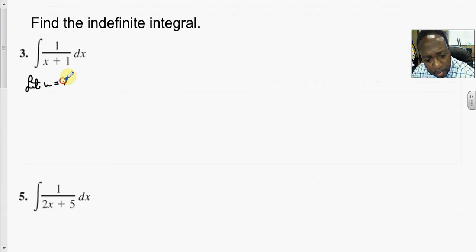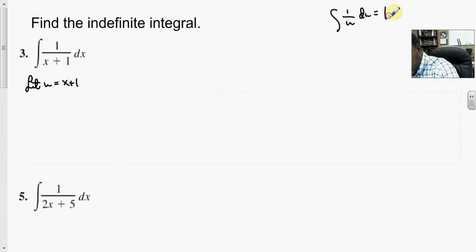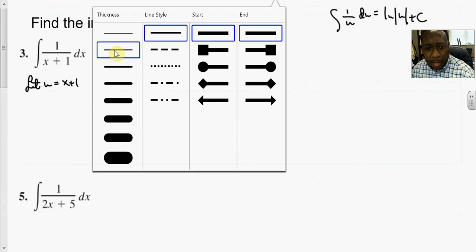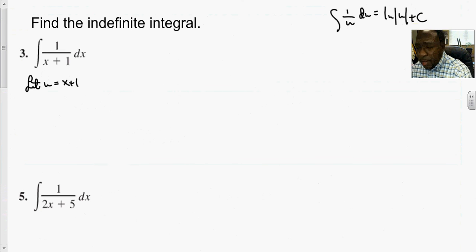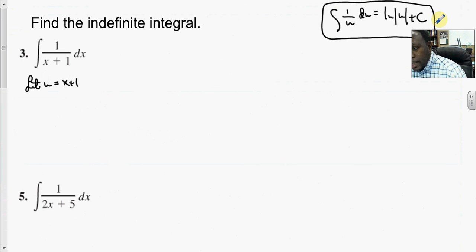With this one, let u equal x plus 1. We're using this very fantastic property that the integral of 1 over u du is equal to the natural log of the absolute value of u plus c. So here, du is just dx.